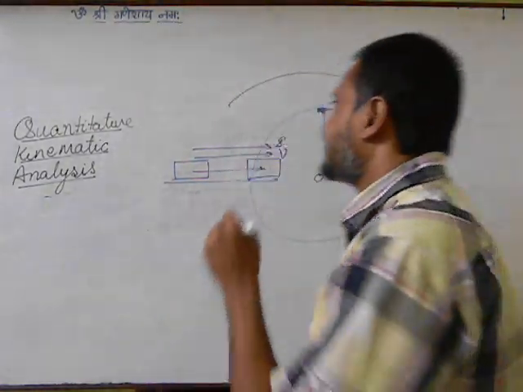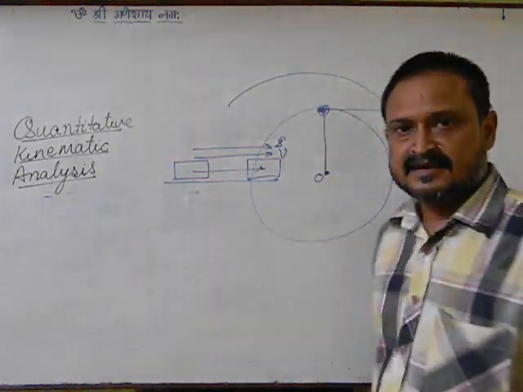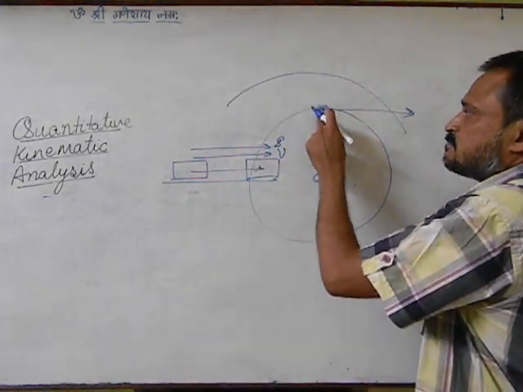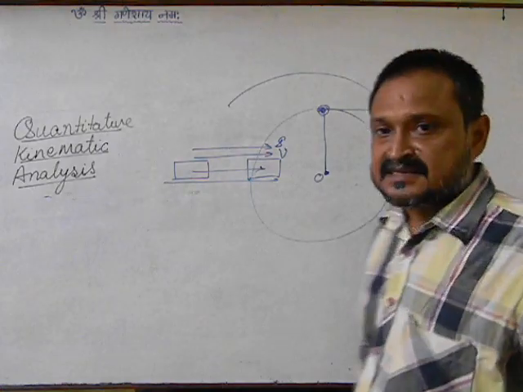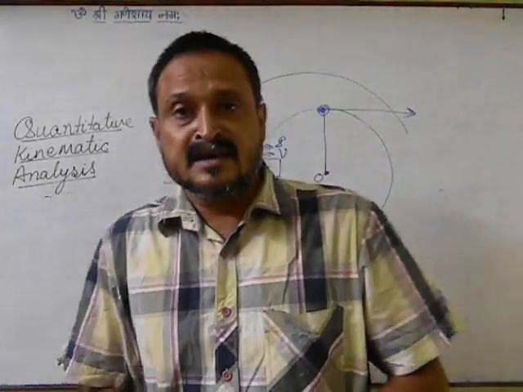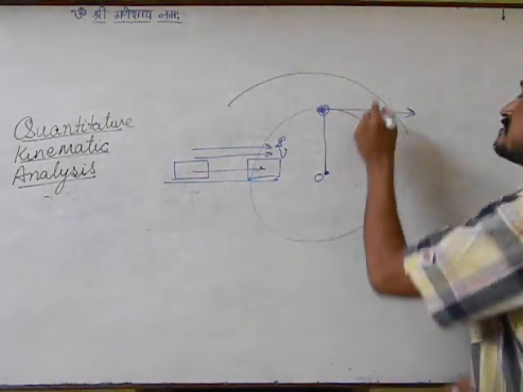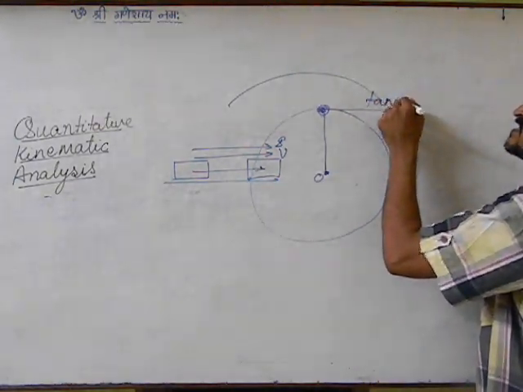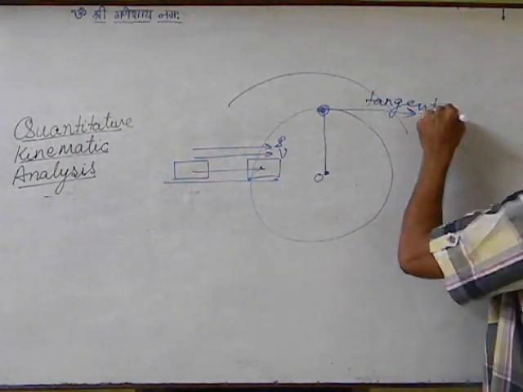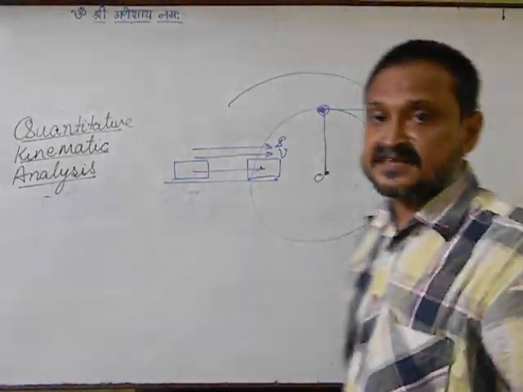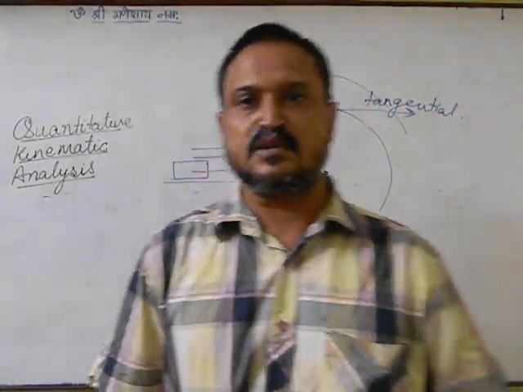So that means at this very instant, the path taken by that particle will be a straight path, and certainly this path will be tangential to the rotational path or the curve which it was following.